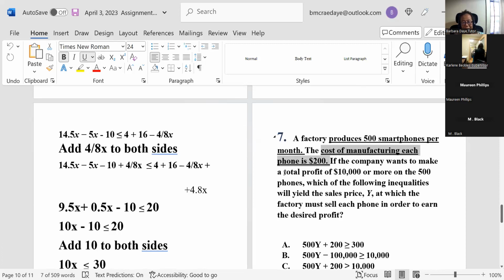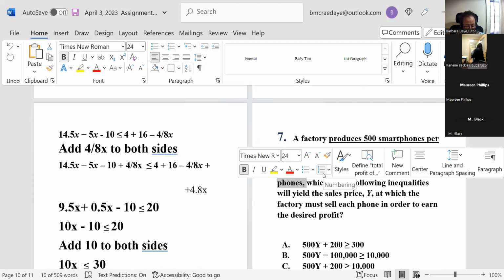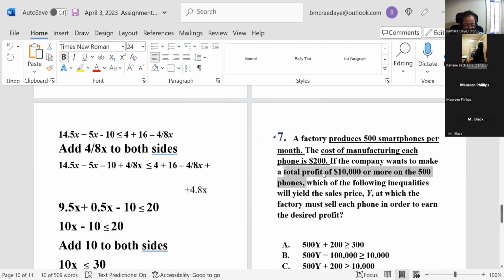Now, the company wants to make a total profit of 10,000 or more on the 500 phones, right? So the profit that they want to make means the cost of producing the phones subtracted from the amount they sell them for.